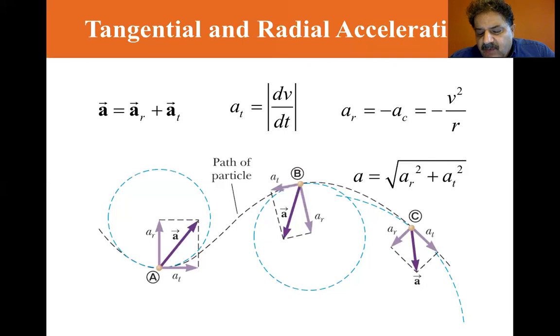So motion in one dimension was in a straight line. In that case, the radial acceleration is zero, but the tangential acceleration may not be 0. It could be speeding up or slowing down.